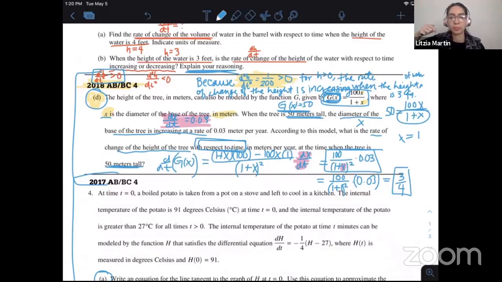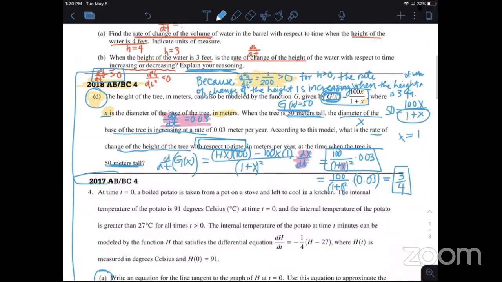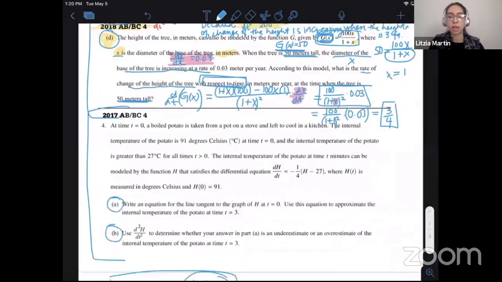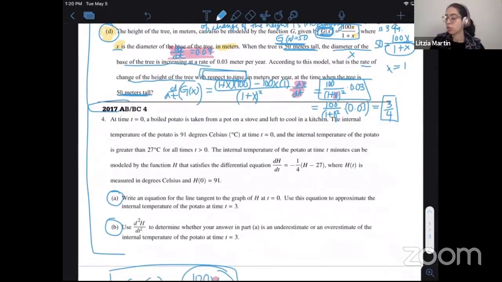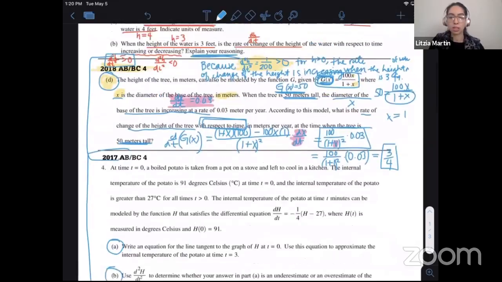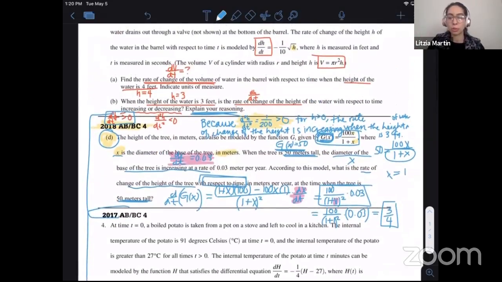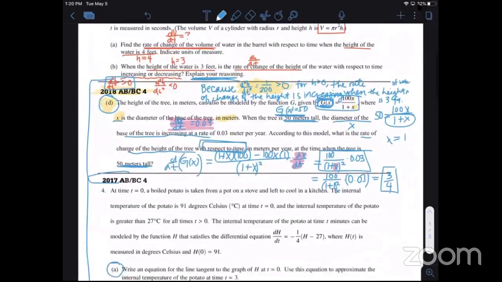Okay. So we will be practicing how to upload and do that on Thursday. But just so you know, this is your whole exam. So that's why we're going through these kinds of problems so you can get familiar with it. Okay.